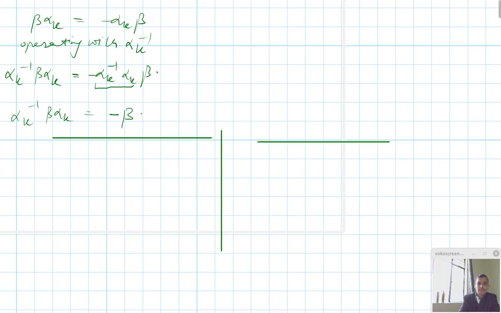Yeah, so I will use the idea that trace of ABC is equal to trace of CAB, right?